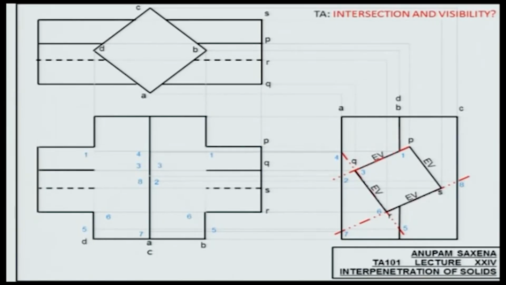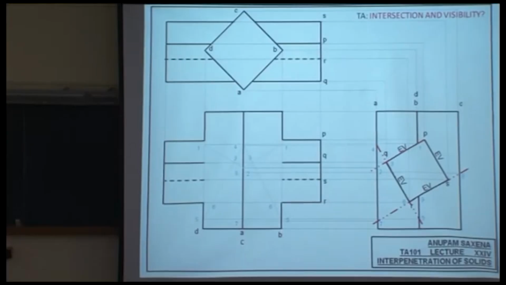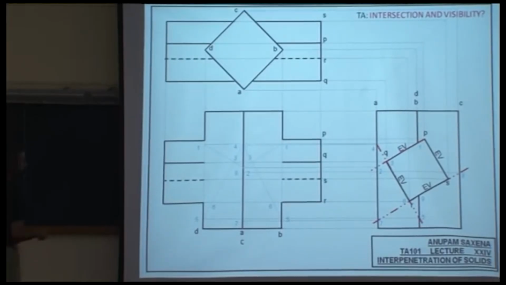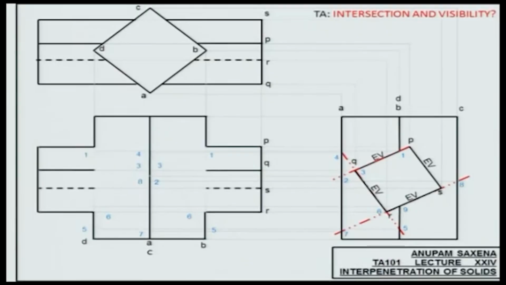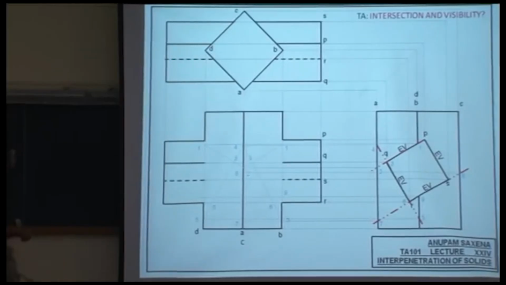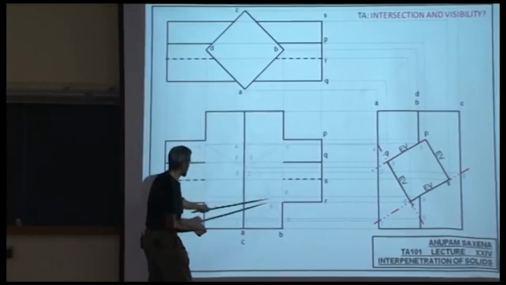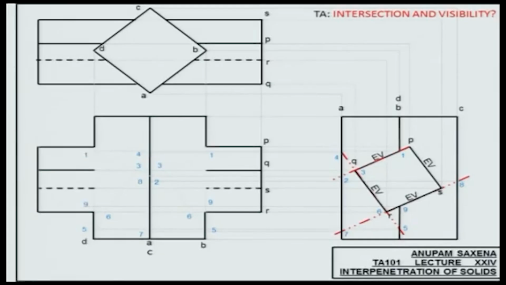So 7 and 8 will be a straight line. Point number 9, this is where the actual intersection is happening. Project that, number 9 would lie on B and D. So 9 would lie here on B and here on D.